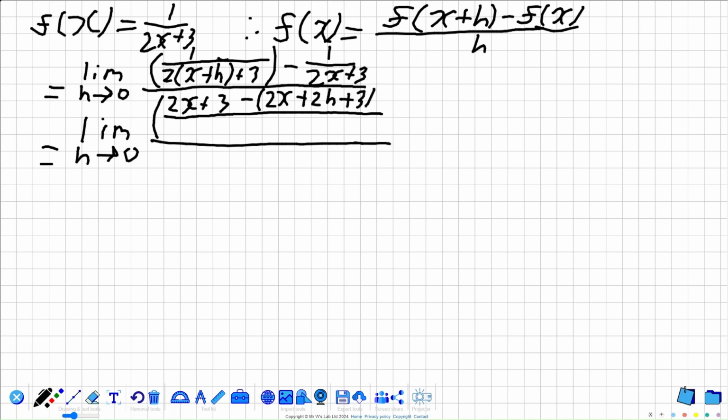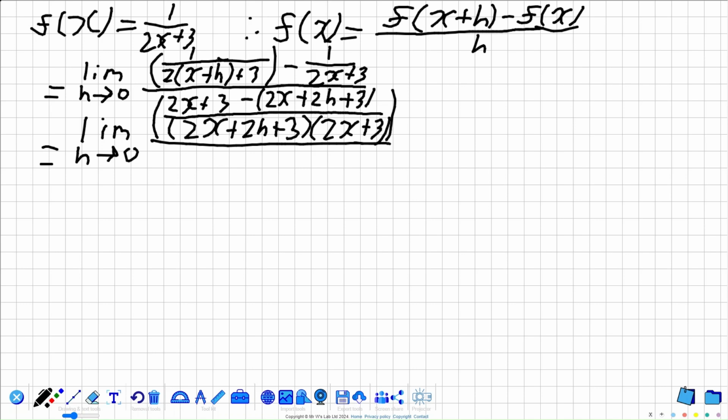And then we've just got to multiply that with that for the denominator, so it'll be over 2x plus 2h plus 3, and then 2x plus 3 like that.